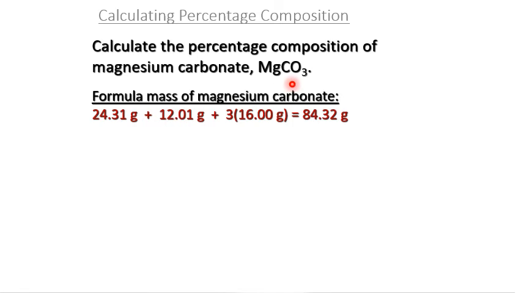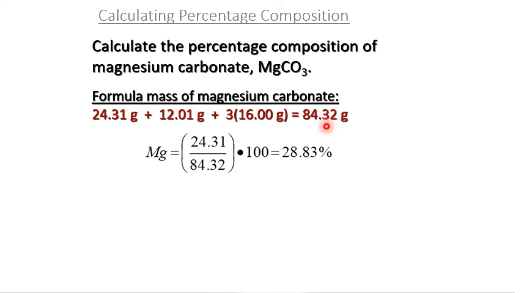The mass of carbon is 12, and there's only one atom, so 12 times 1. The mass of oxygen is 16, but there are 3 atoms of oxygen, so we have to multiply that by 3. Then you add up all of these numbers, and you should get 84.32.